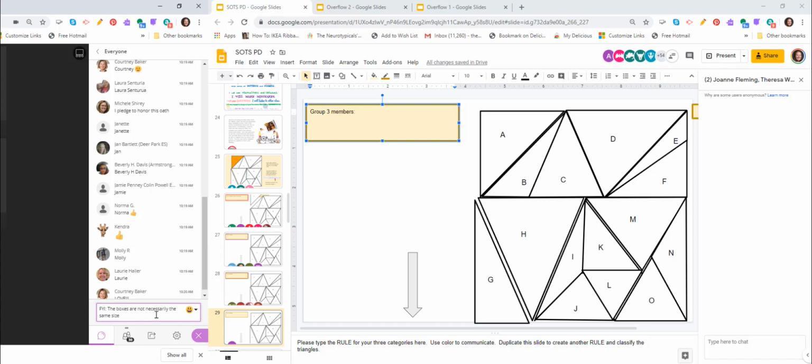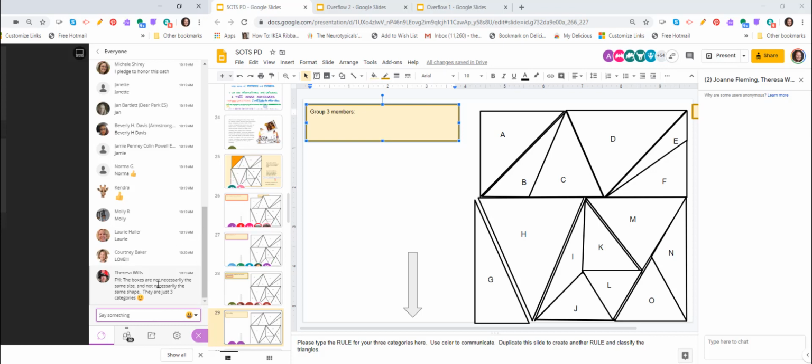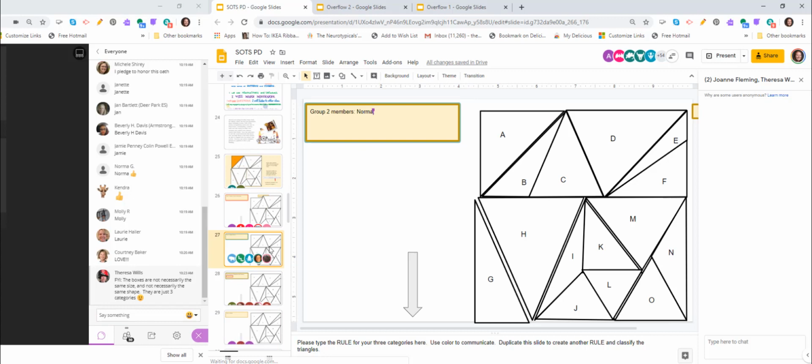Are all the scones the same size? It doesn't look like it. I think they're the size of the ones on that slide 26. Yeah, I think A through O are those different scones. Oh, so she just said the boxes are not necessarily the same size.